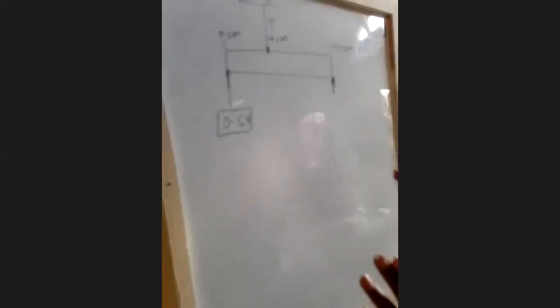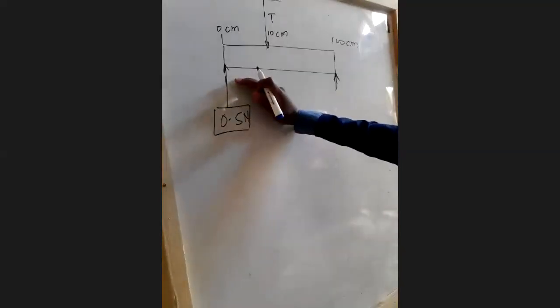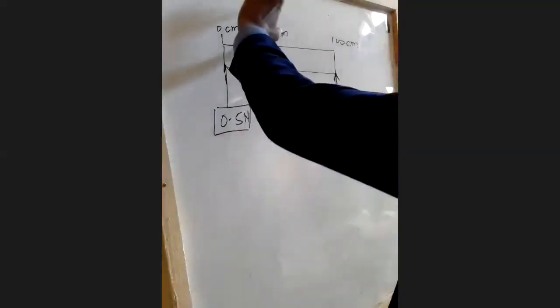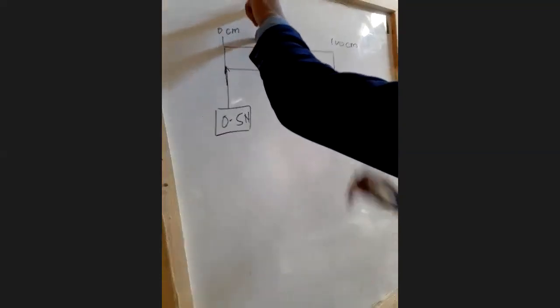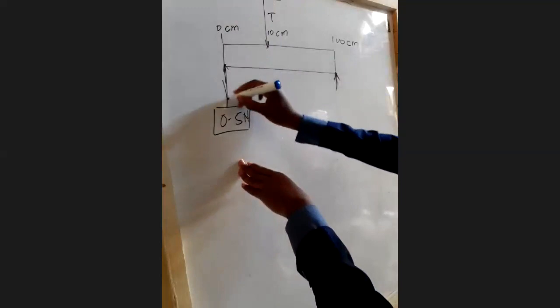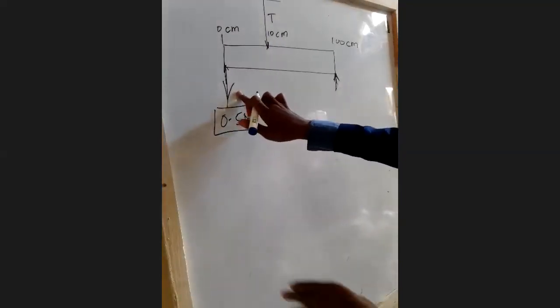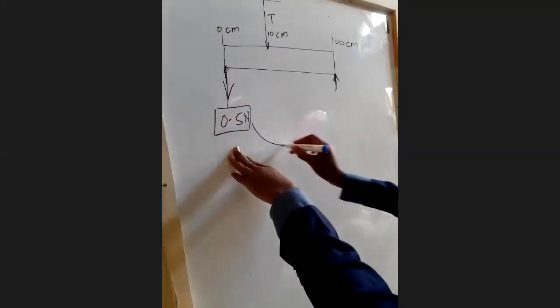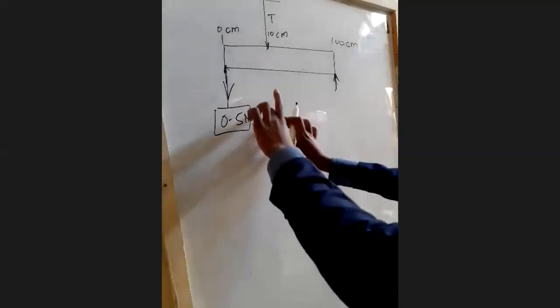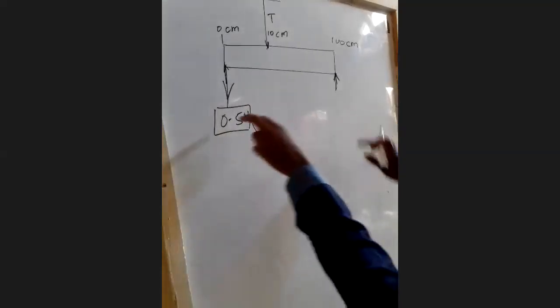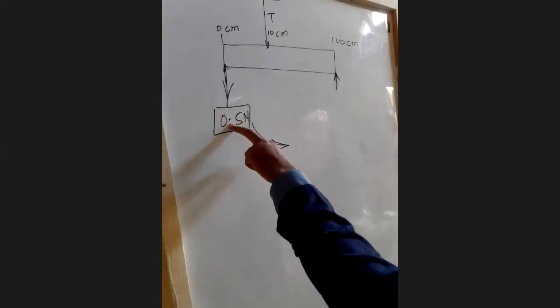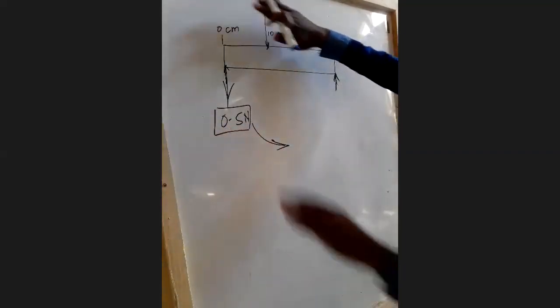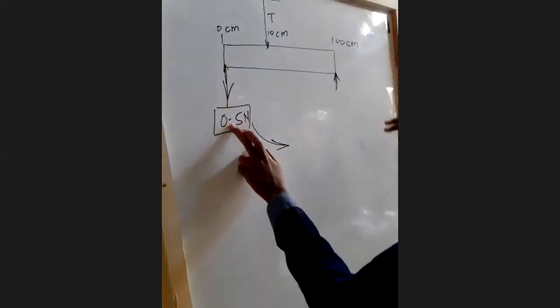I always say you treat one force and assume the others are not there. Assume there is no tension, and this is the turning point. This force is acting down here, so the moment is going to be counterclockwise. Assuming you cover the other force, only this force is there.